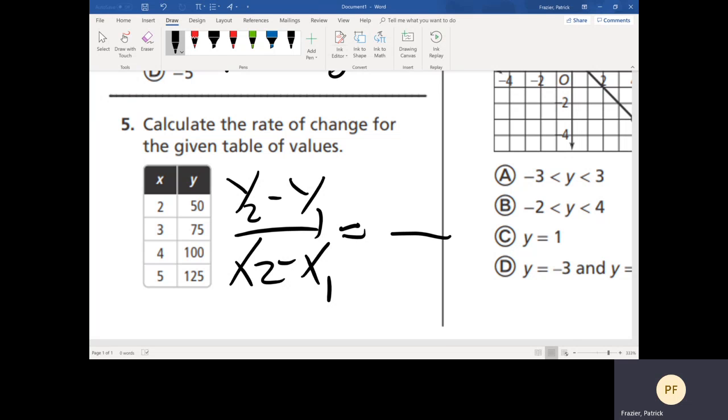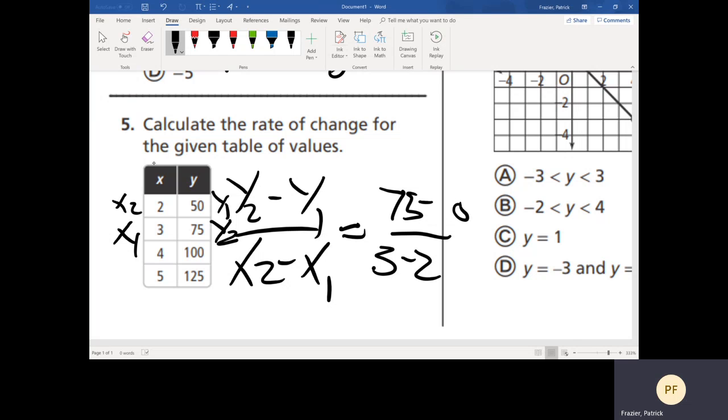And then I'm going to do 75 and 50 as my y2, y1, and x2, x1. So 75 minus 50 and 3 minus 2.